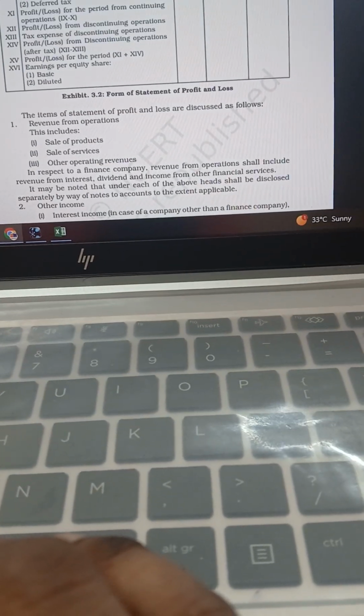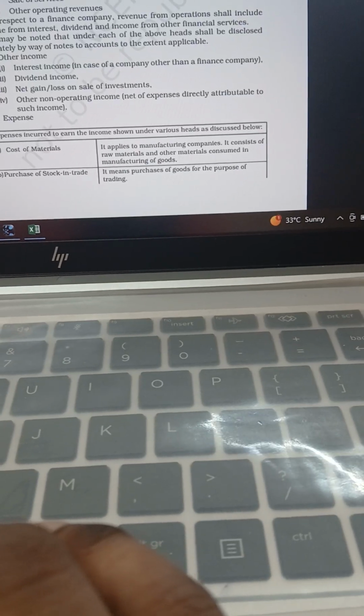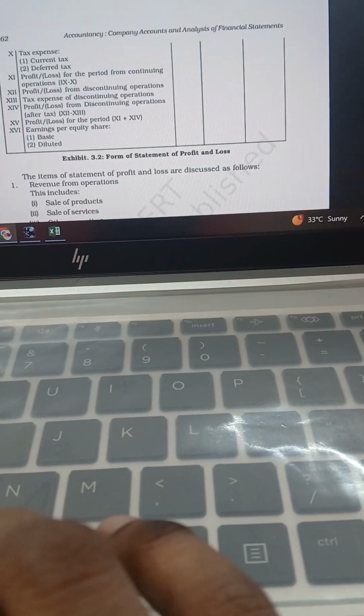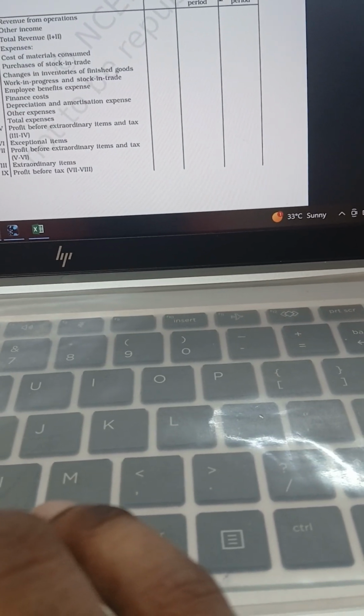I have shown that the note number is written as 1. It's just a number relating to the accounts that an accountant prepares while making his entry in the accounts.